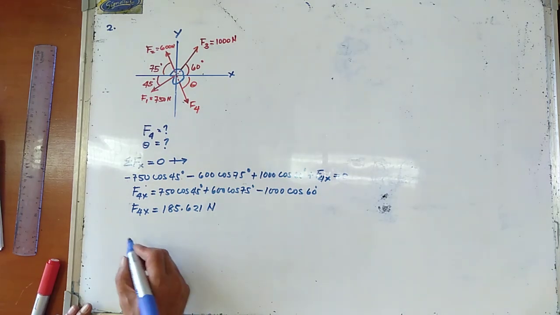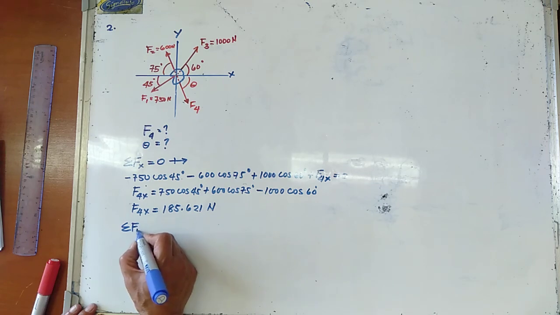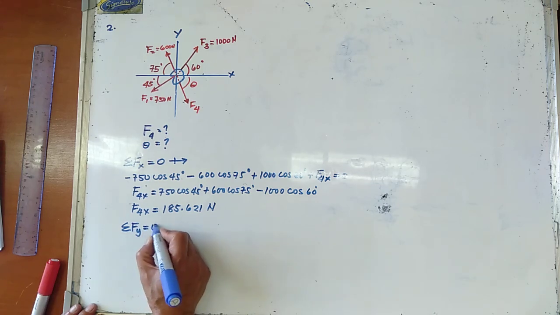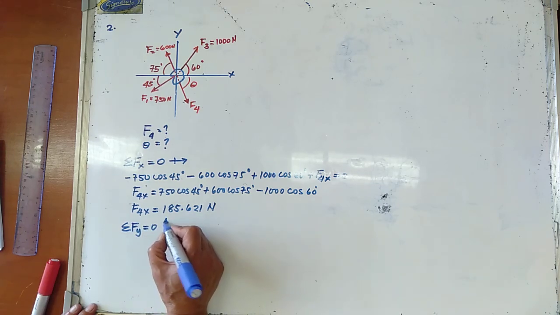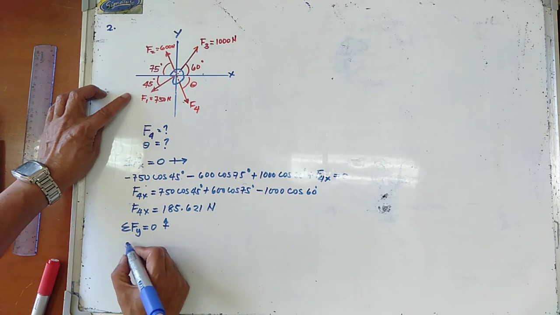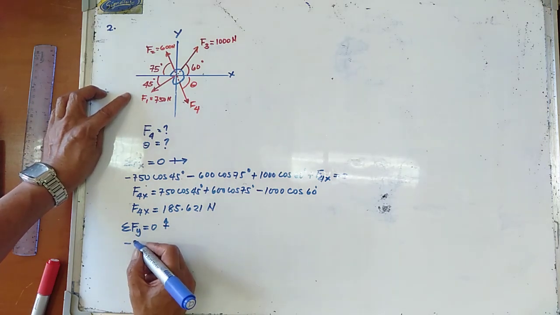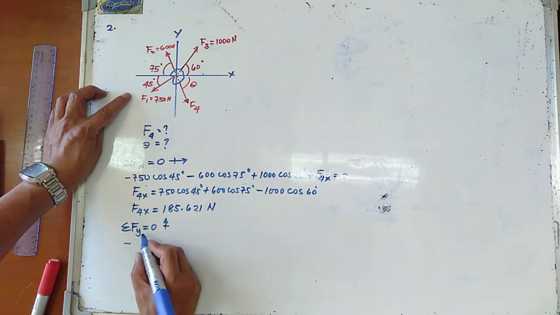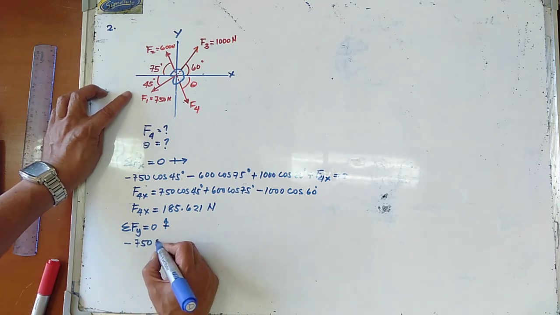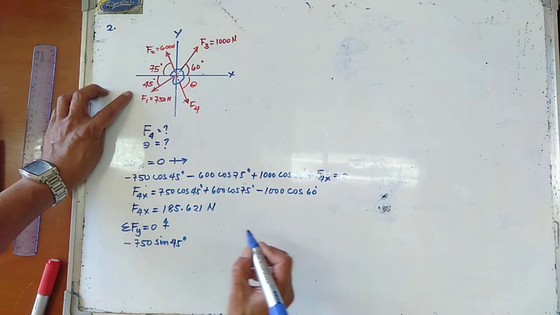Now similarly, summation of forces along the y-axis is equal to 0, upward forces positive. So your F1 is going downward, the y component is going downward. So minus 750 sine of 45 degrees.